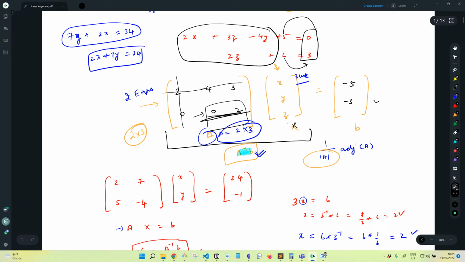Then we saw this inverse is a very complicated operation, and we also saw cases where you cannot find inverse. And here is one such case where you are given a rectangular system. You have three variables and two equations. Because this is a rectangular matrix, you cannot really obtain A inverse, right? And one more case is when the determinant of A goes to 0.